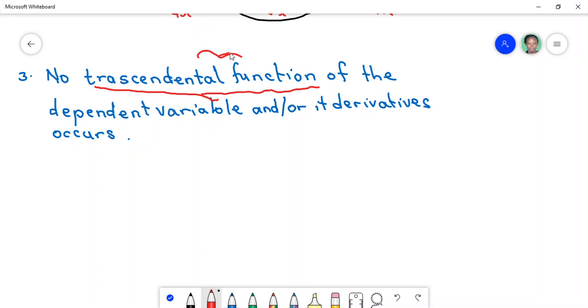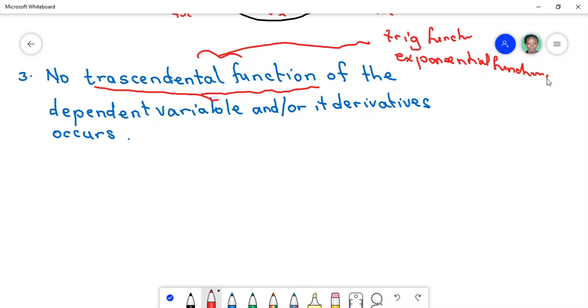These are the logarithm, trig functions, and exponential functions.